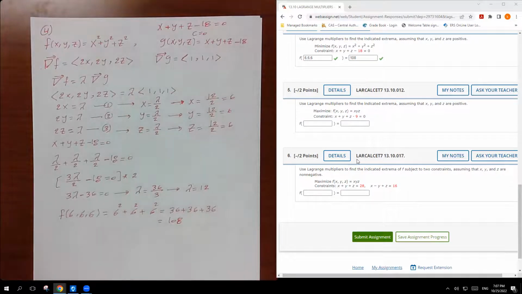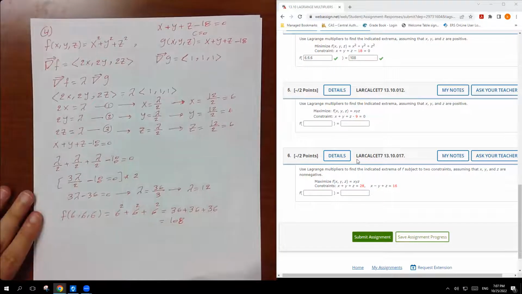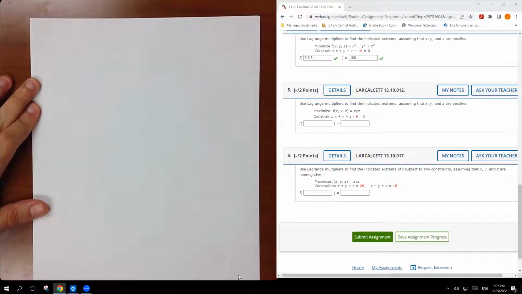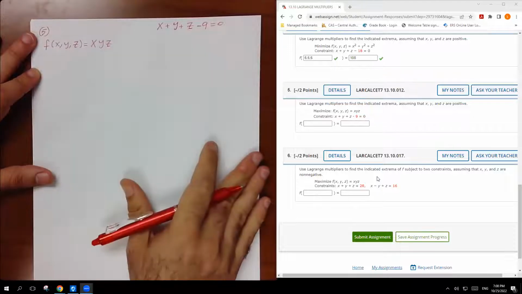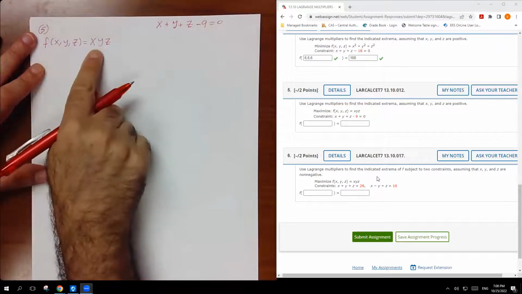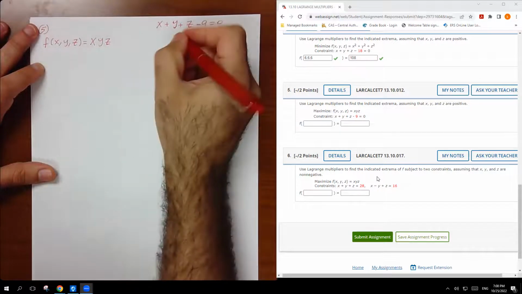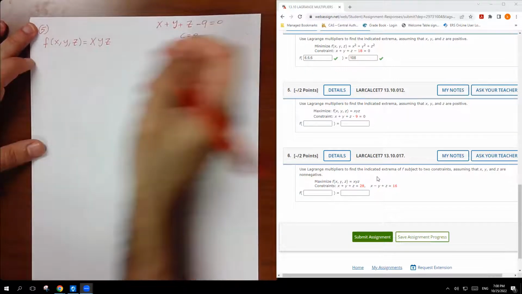Let's jump to example 5. We're going to do exactly the same thing. So here's our function f(x, y, z) equals x times y times z, and the constant here is 0.